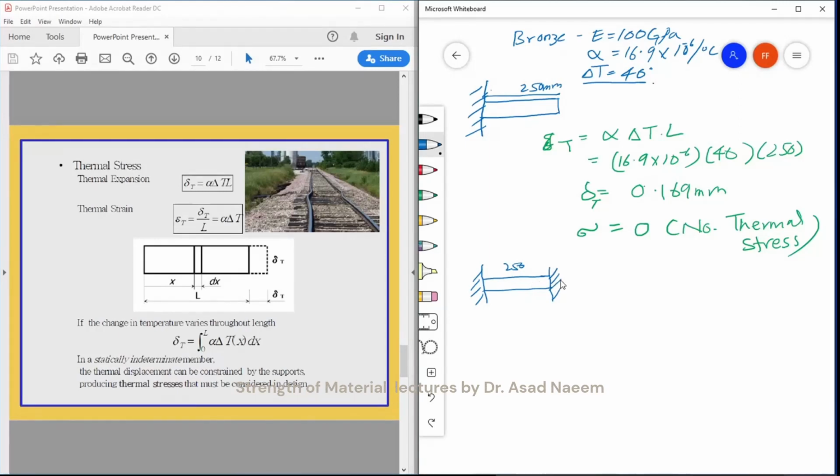Now there is definitely stress due to the temperature change. So that we have to calculate.